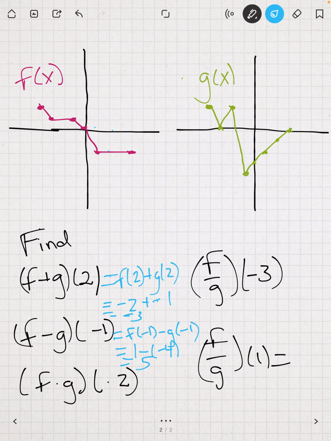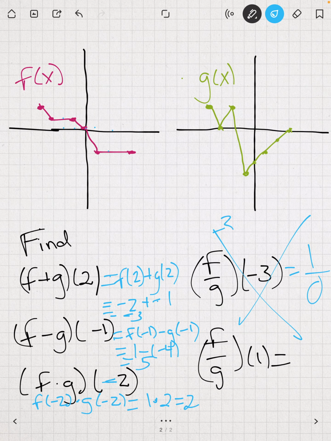F times g at negative 2 is just f of negative 2 times g of negative 2. F of negative 2 is 1, and g of negative 2 is 2. 1 times 2 is 2. F over g at negative 3: well, f of negative 3 is 1, and g at negative 3 is 0.